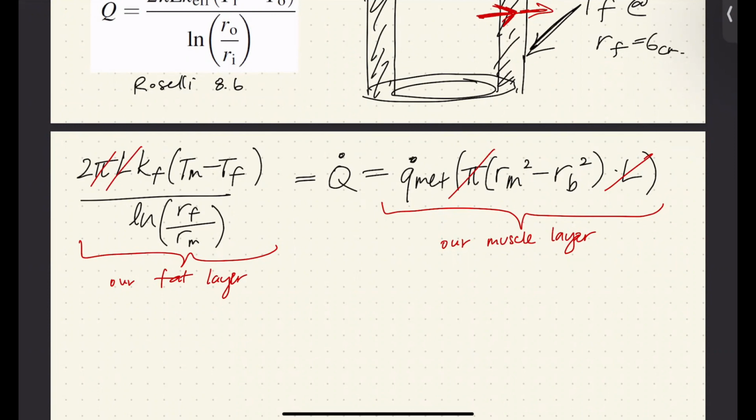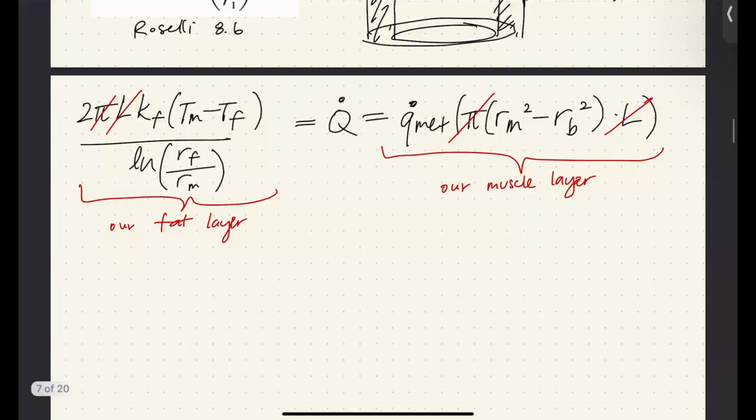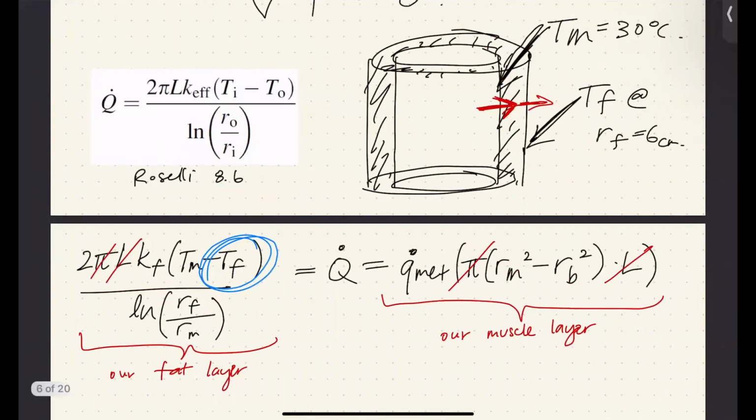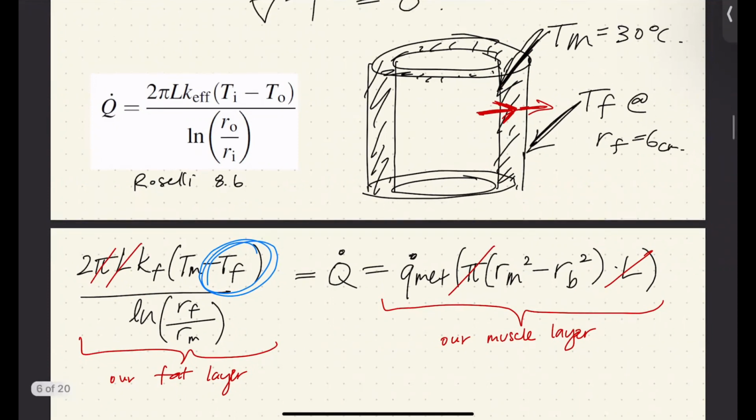So what we're going to do is find the temperature the outside drops to. It's asking what the outside temperature is with this layer, because originally we thought the outside temperature was 30 degrees. The new temperature represents the potential drop.